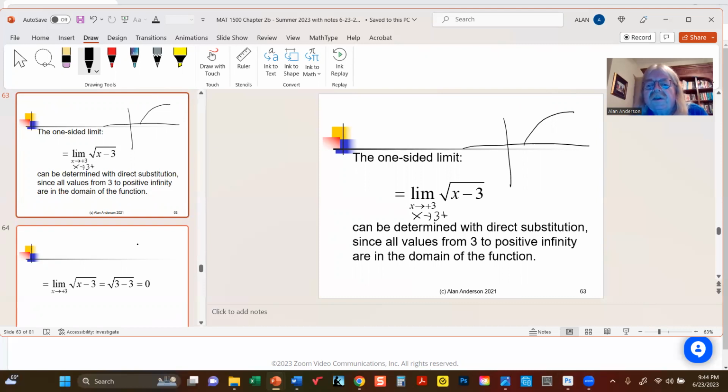That means we're approaching from the right. So that would be our limit as x approaches 3 from the right of radical x minus 3. Now, here, all you would have to do is plug this in, and you'd end up with 0.